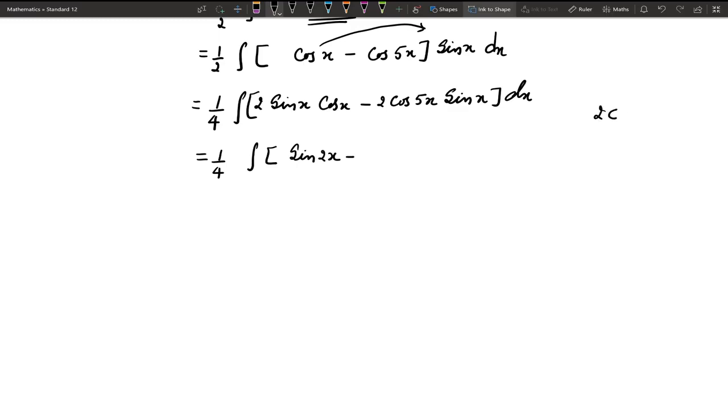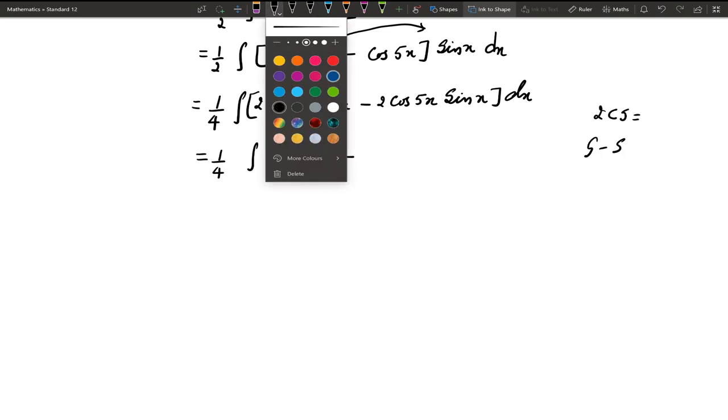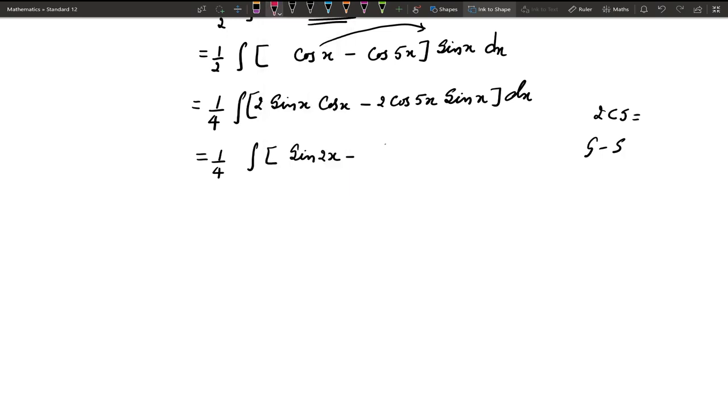Now 2 cos sin is sin minus sin, so this is sin(5x plus x) minus sin(5x minus x), that is sin 6x minus sin 4x dx.